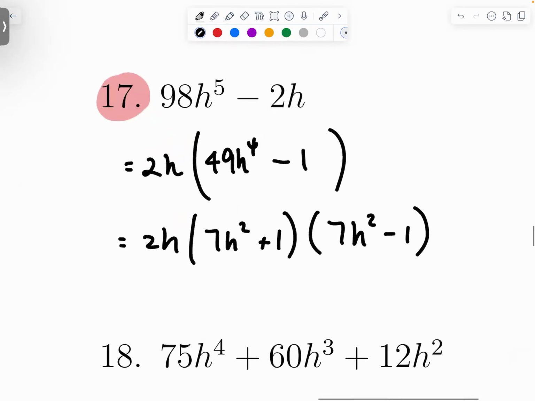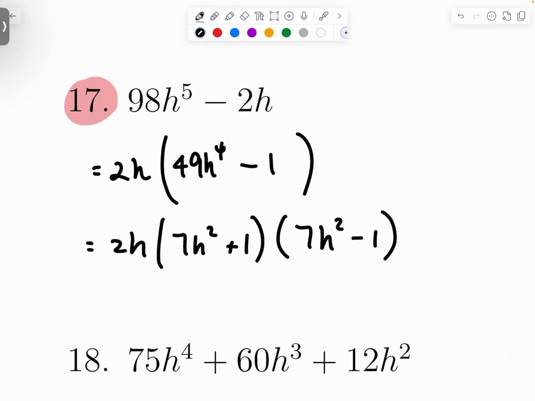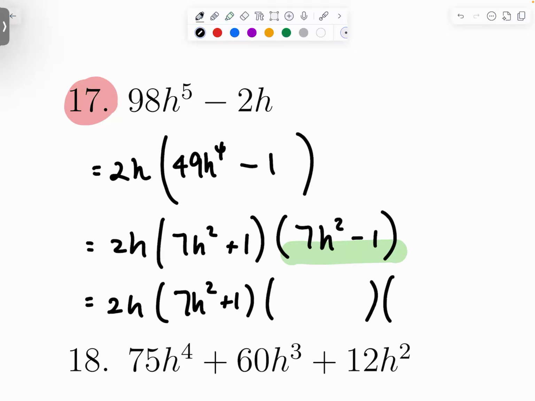But if you're in Algebra 2, this is not your final answer. Why? Because this is also a squared minus b squared. Now, you might be like, whoa, 7 is not a perfect square. Yes, it is. How? It's the perfect square of the square root of 7.